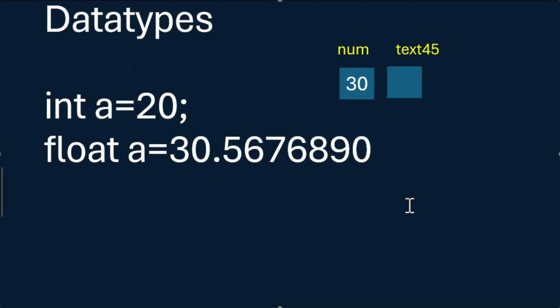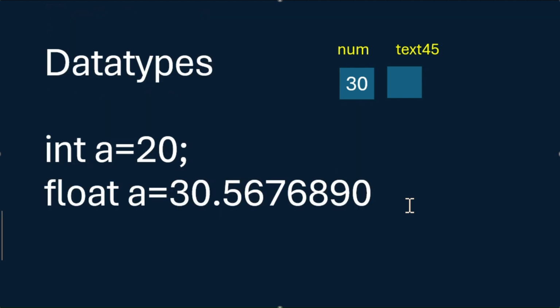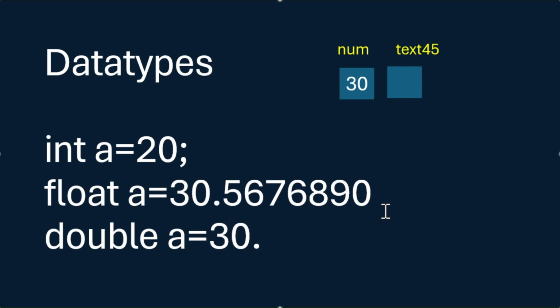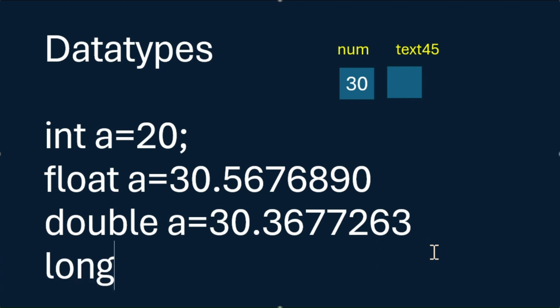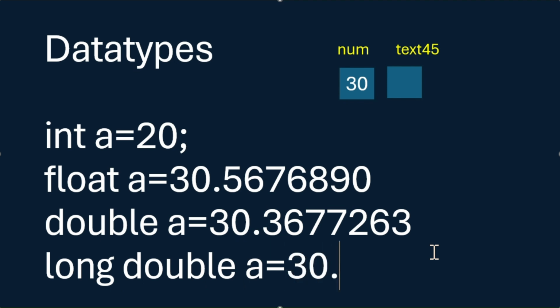Now we have also another data type which is called double. In double we can store up to 15 digits after the decimal point. And there is one more thing called long double, where I can store up to 19 digits after the decimal point.